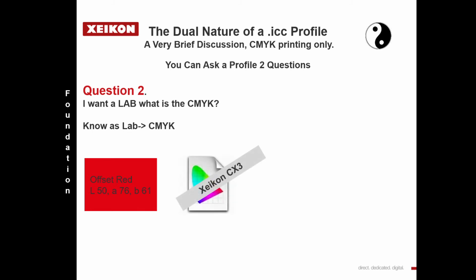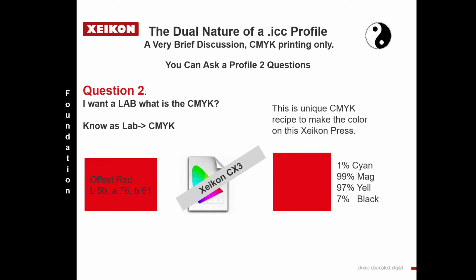So now I have to have a profile for my Xeikon, and out of the back of the profile comes the answer. And you can see there we have 1% cyan, 99 magenta, 97 yellow, and 7% black. And the reason for the difference is that they are different processes with different inks, but with that mix you will get the same visual effect.